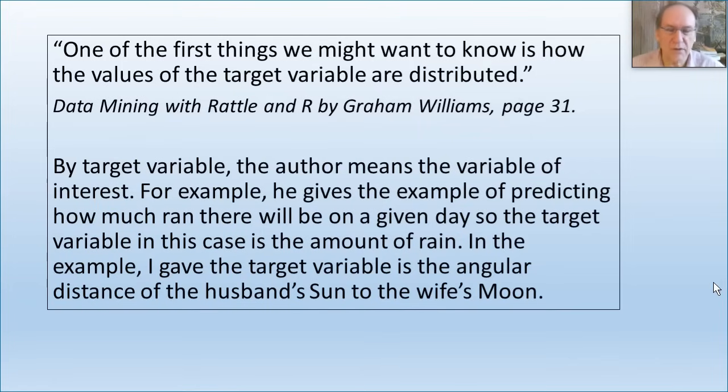So we're interested in the angular distance between the husband's sun and the wife's moon, or the husband's moon and the wife's sun, or between his Venus and her Mars, or whatever. We just want to see what the distribution is. How does it look? That graph I just showed you. We just look at it and see if we can find something in it that makes sense.